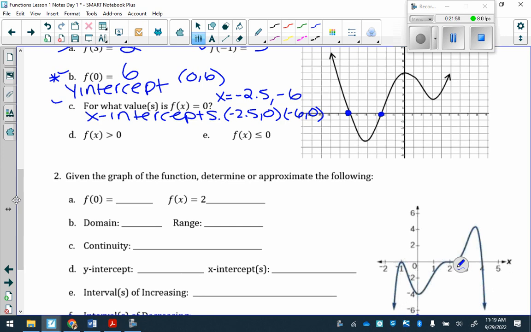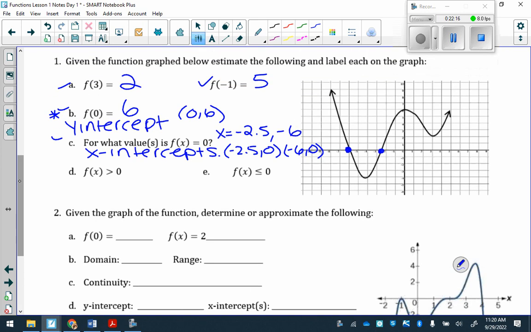So two things that are kind of new. If we see f of x is greater than 0, what does that mean? f of x also means what? Y. Keep that in your mind. Where would it be on the graph, let's say? Yeah, Mia. Above the x-axis.